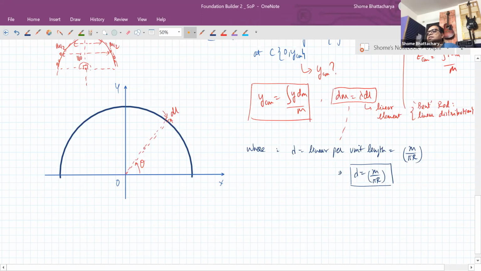So that dl itself is subtending a small angle d theta.